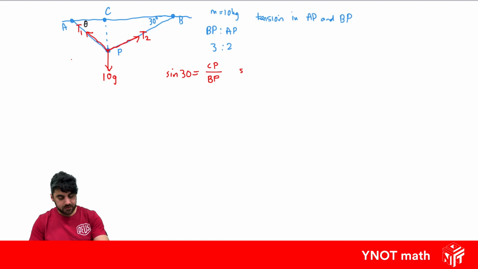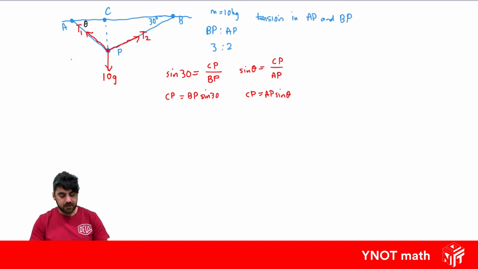And we know that sine theta, so using triangle CAP, is going to be also equal to CP over AP. If we make CP the subject in both, we'll have CP equals BP sine 30 and CP equals AP sine theta.